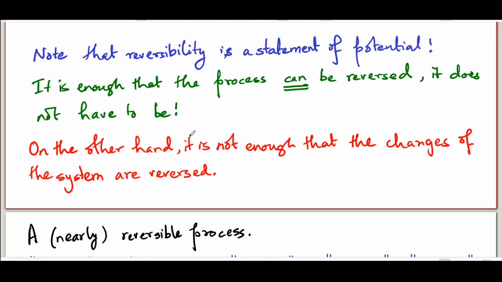What we will do next is describe a reversible process, or rather, a nearly reversible process. Strictly speaking, an exactly reversible process does not really exist, at least with things that we can see around us. There are processes occurring in special systems like superconductors, which go very, very close to a reversible process.